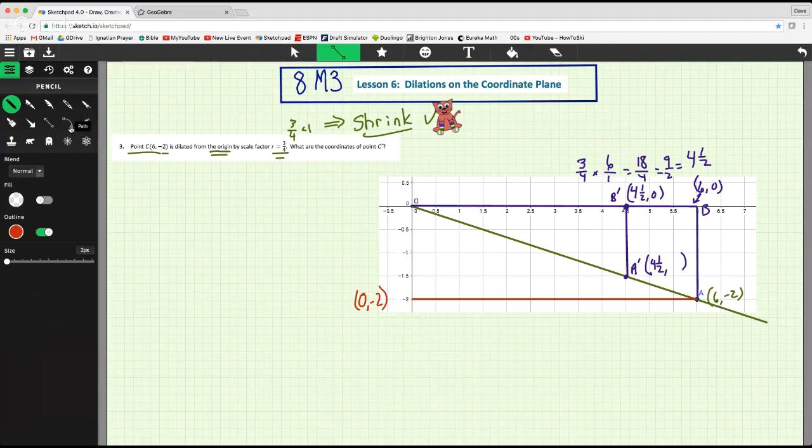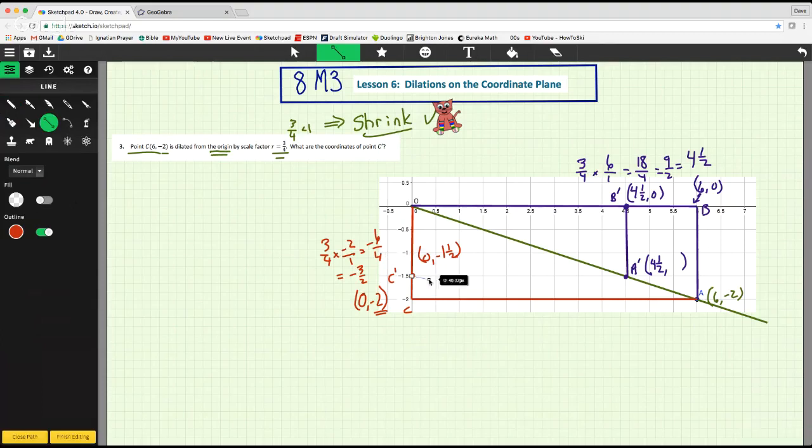If that's 0 and that's negative 2, we have to go 3/4 of negative 2. 3/4 of this number will give us how far down is 75% of the way. 3/4 times negative 2 equals negative 6/4, which equals negative 3/2, which is negative 1.5. So it's right here. So if this was point C, this is point C prime, and that's at 0 comma negative 1.5.